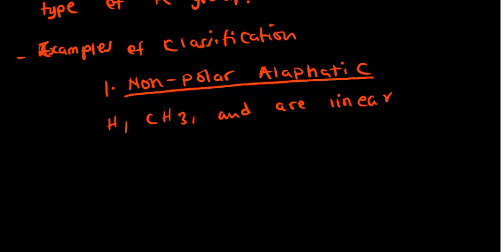For example, we have glycine. The other group for glycine is this one. We only have the H. Since glycine is linear, it is found under non-polar aliphatic.